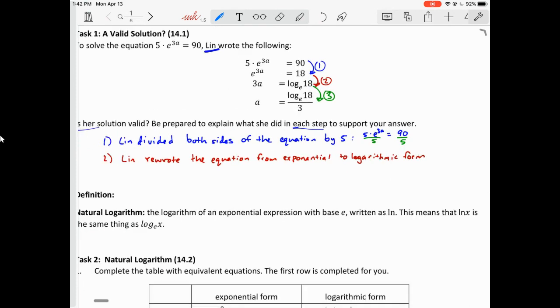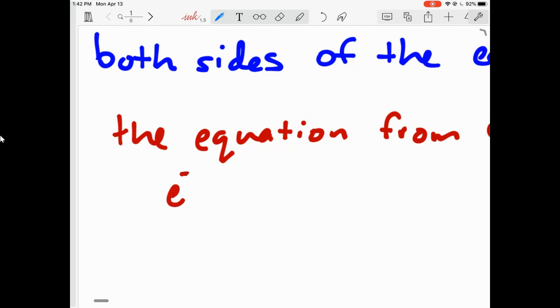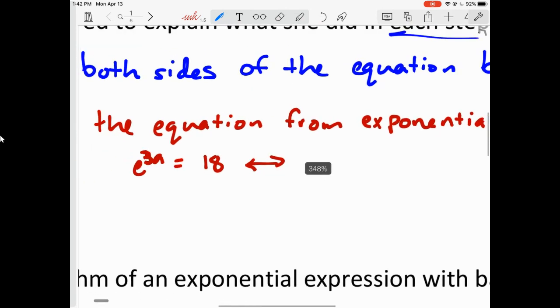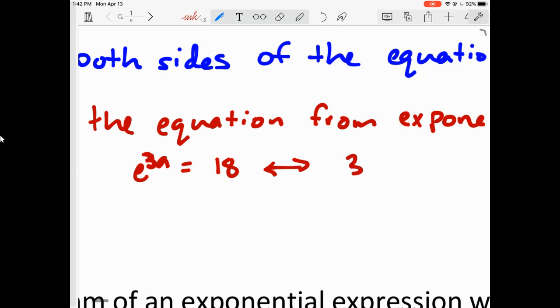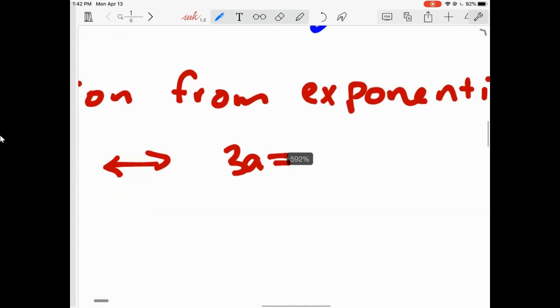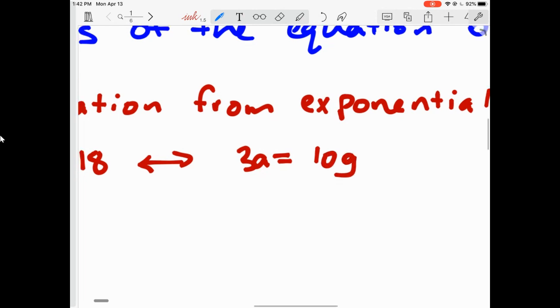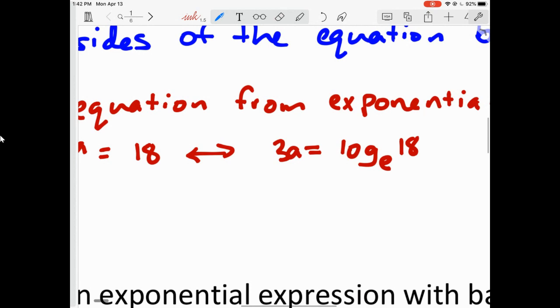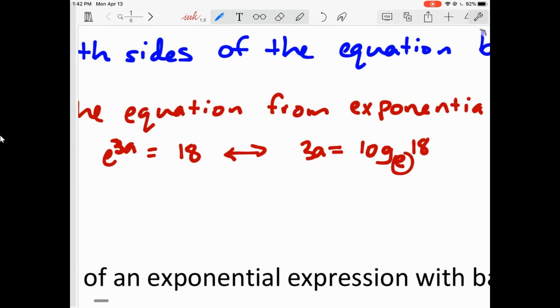So she knew that if she had something like e to the 3a equals 18, well, as a logarithm, that's the same thing as just saying that 3a, the exponent, is equal to the logarithm of the base, which was e, of 18. So this is answering that question, to what exponent would we raise the base e to get 18? Well, the exponent in this case is 3a. But we don't know what a is.